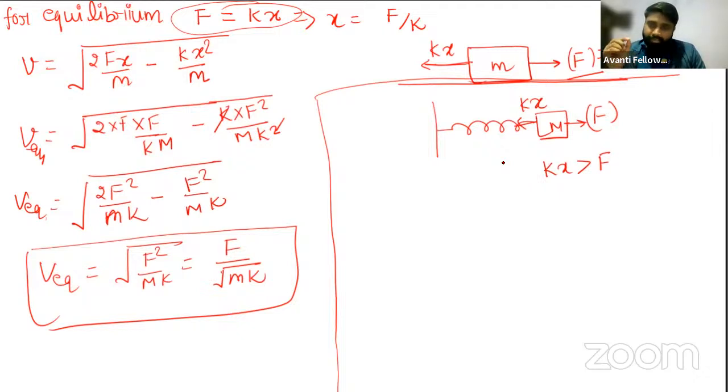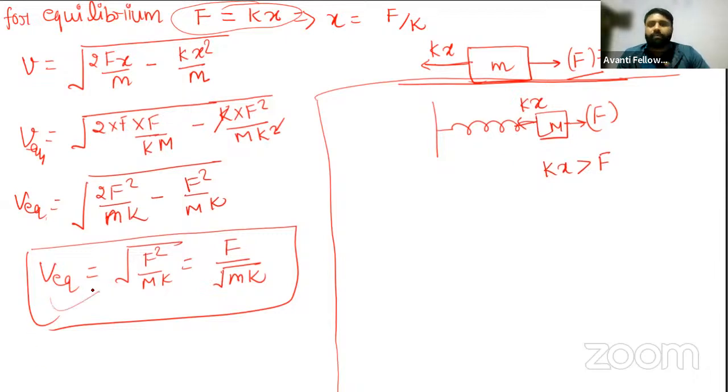So the spring force is dominating in that case, and it will pull the block back. But just before, at the equilibrium position, F equals kx; when this spring force is greater than F, the spring tries to pull it back. I'm not saying that the spring immediately starts pulling the block backside, because at the equilibrium position the block has some velocity, as we have seen here.